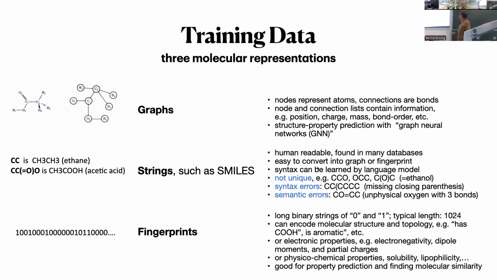It's also very good for finding molecular similarity, but that's actually true for all of them, because you can very easily compare two strings and see, okay, are the ones at the same positions and the zeros at the same positions? If yes, then they're probably very similar in property and in structure. But that's true also for graphs, which you can also easily compare, and even small things you can easily compare.